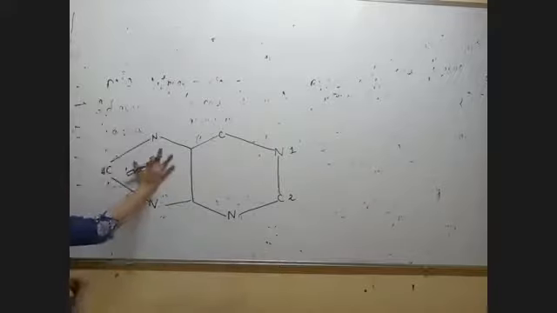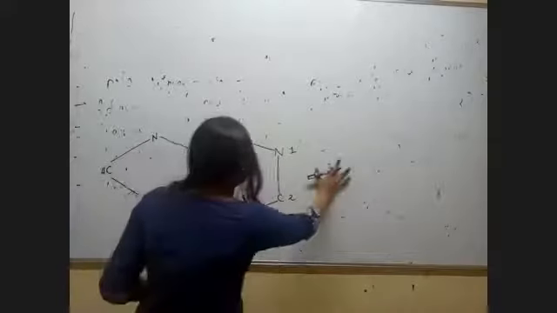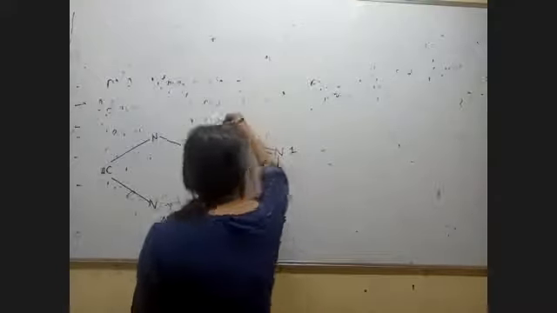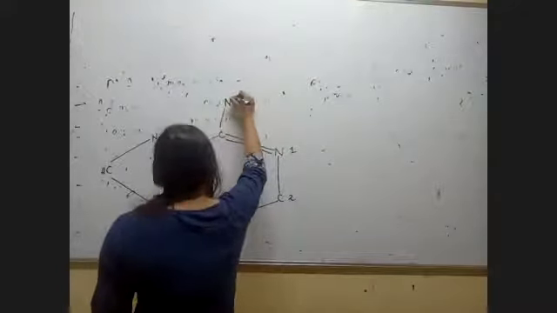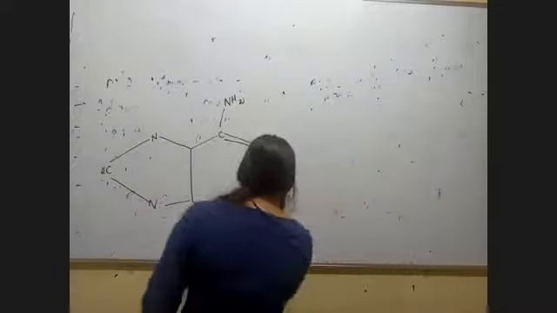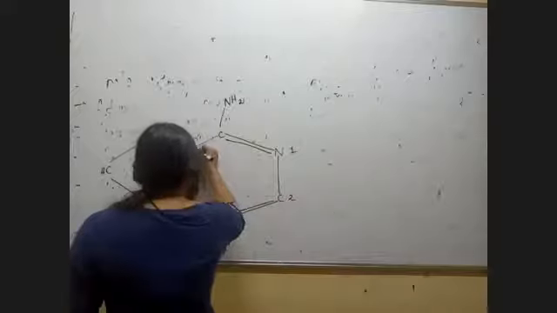Sometimes this structure will be on this side, sometimes on that side. Don't be confused, both the structures are same, okay? There will be a double bond here. Here there will be an amide group. Here there will be a double bond. Here there will be a double bond.